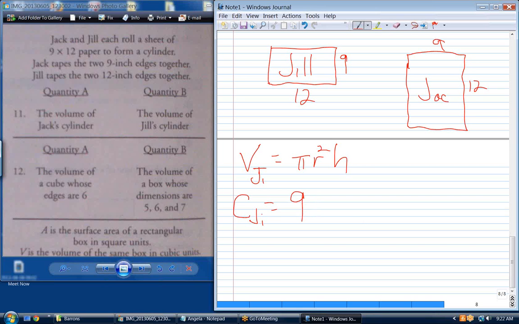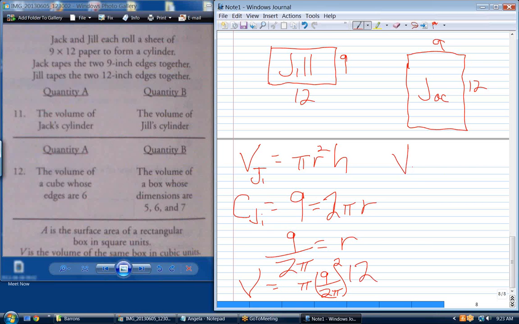Okay. And circumference is equal to 2 pi r. So you were close. R is going to be 9 divided by 2 pi instead of 9 divided by 2. So her volume is pi r squared, 9 over 2 pi quantity squared, times h. What is her h? 12.